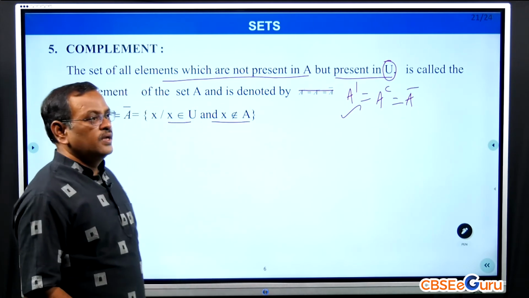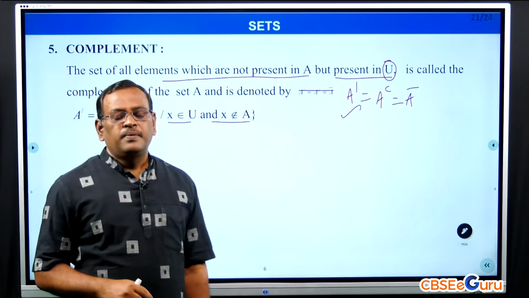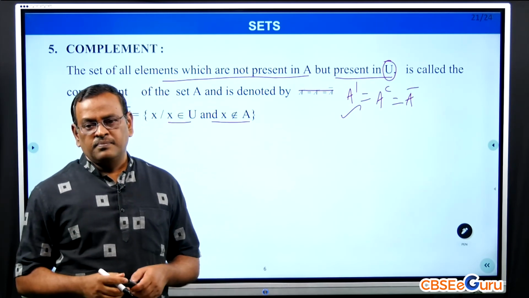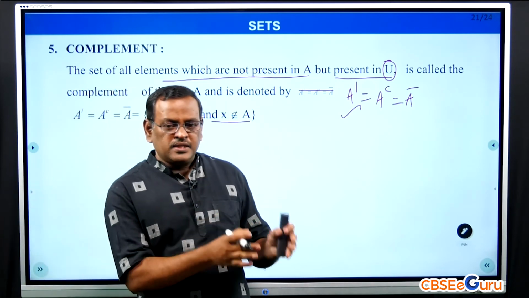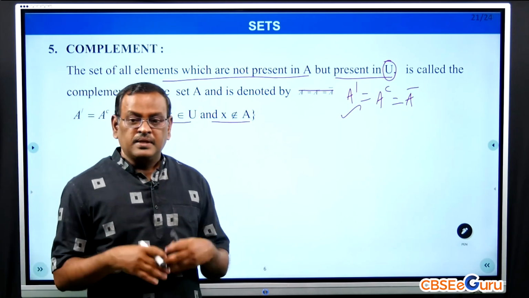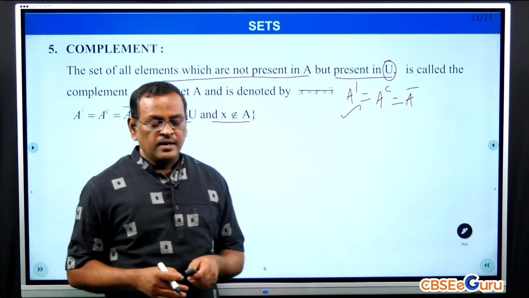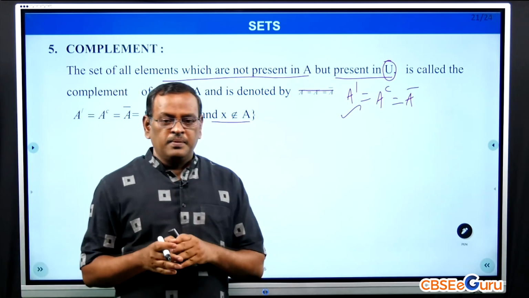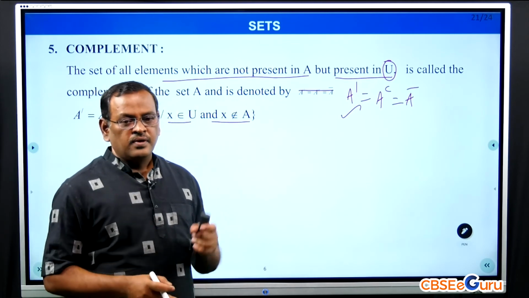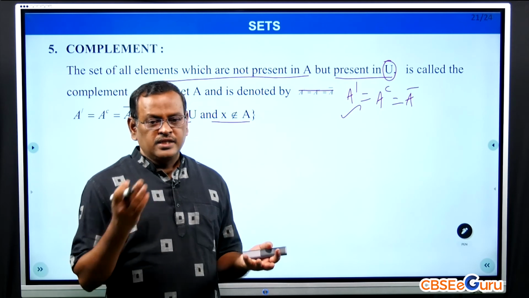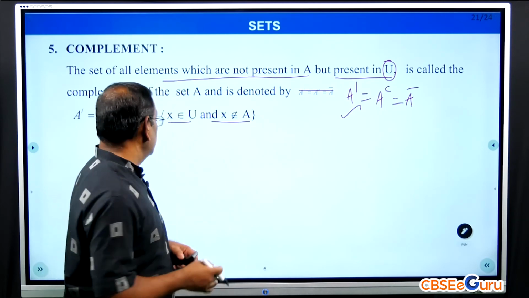For example, A is the set of students who passed in maths exam. What is the complement of A? Failed in maths exam. But the combination of passed students and failed students is nothing but the class 10th, and that is nothing but what? Universal set. The union of a set and its complement is nothing but universal set.